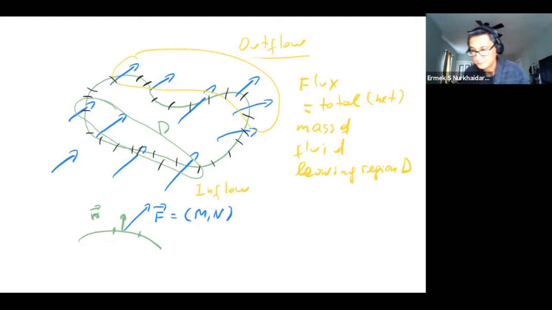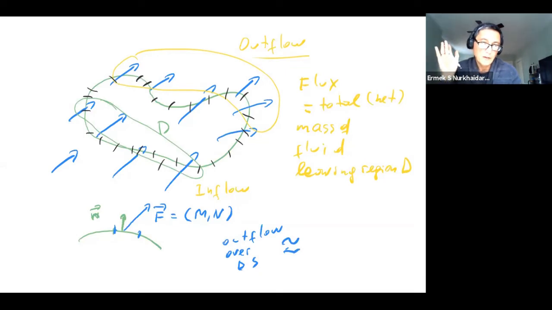Then over that piece, the outflow over that small piece is going to be approximately equal to the following. We project F on the normal vector, and then we multiply by how much length we will have.